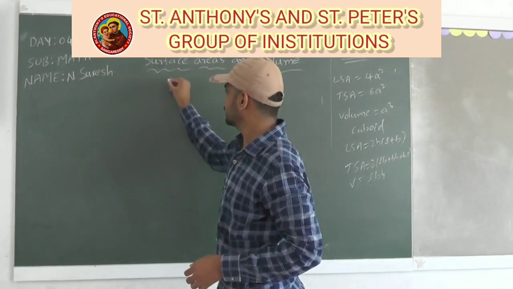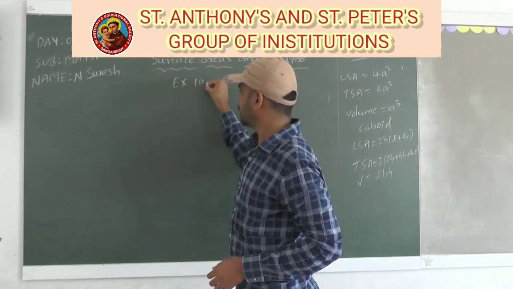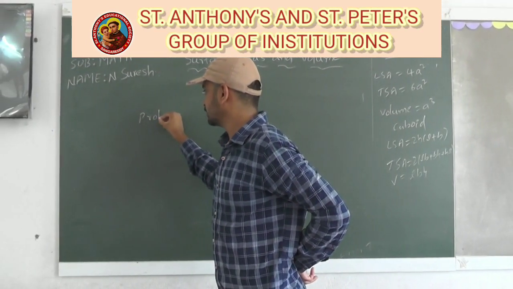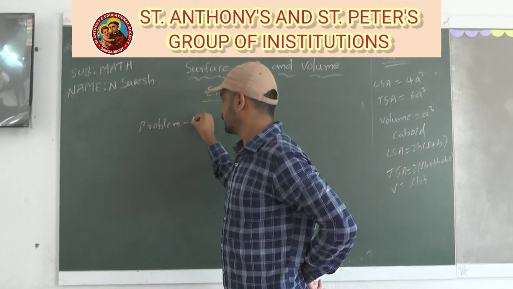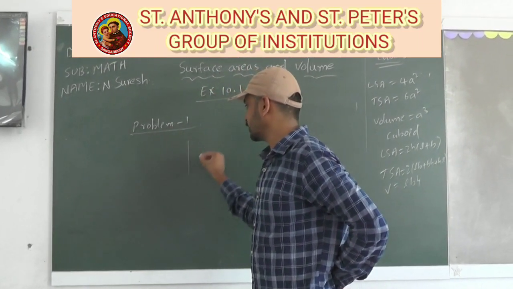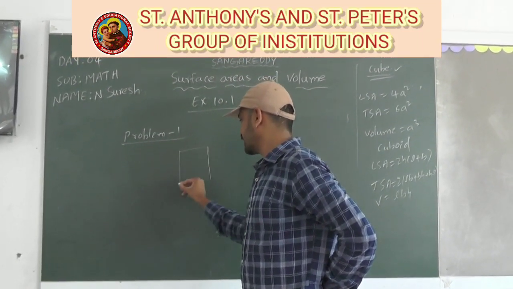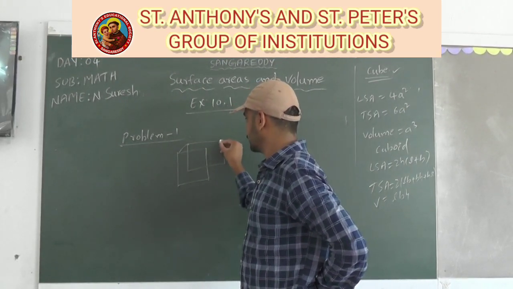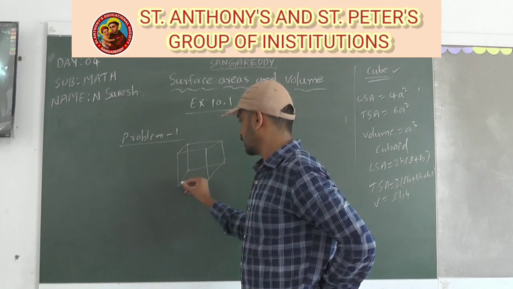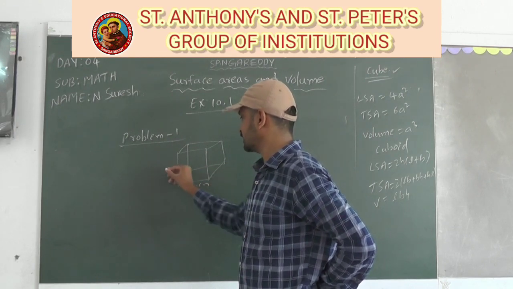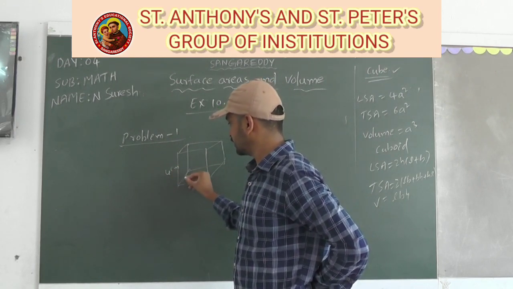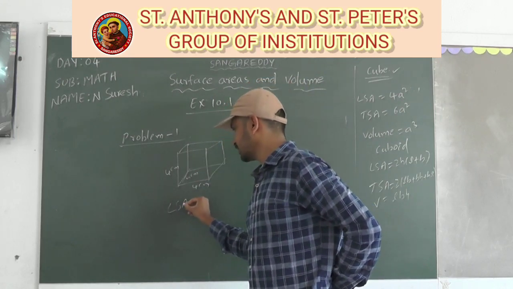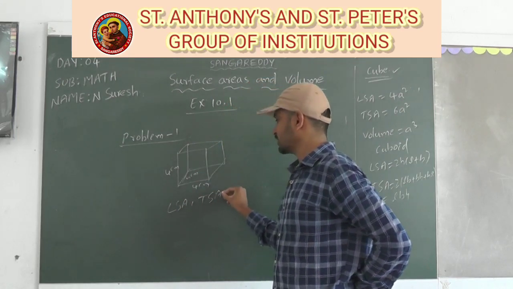Exercise 10.1, problem number 1. He has given one cube whose edge is 4 centimeters. For this you have to find the LSA and TSA. Two things only he asked.